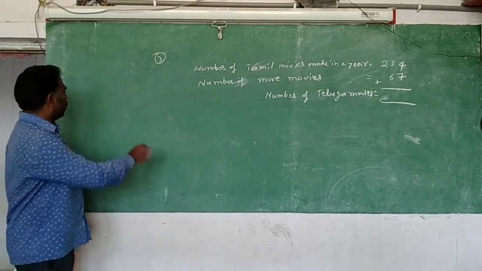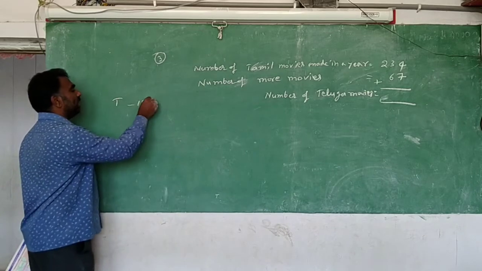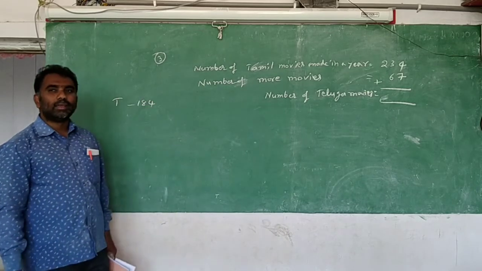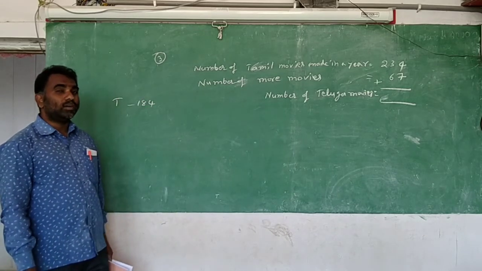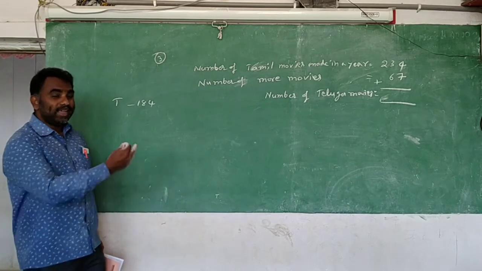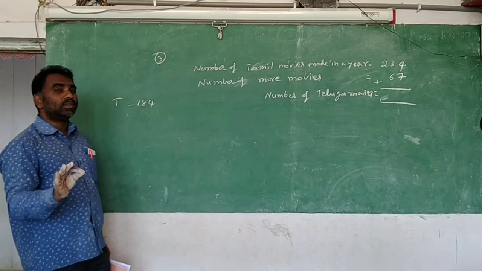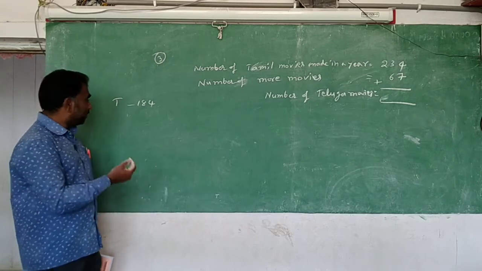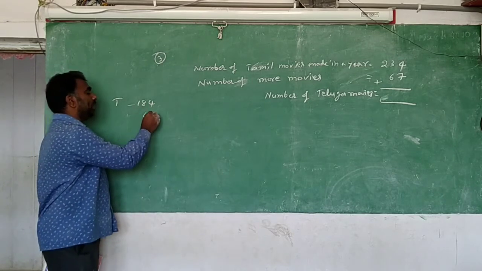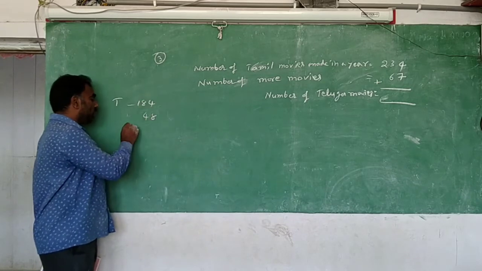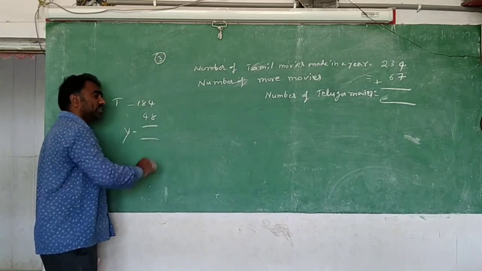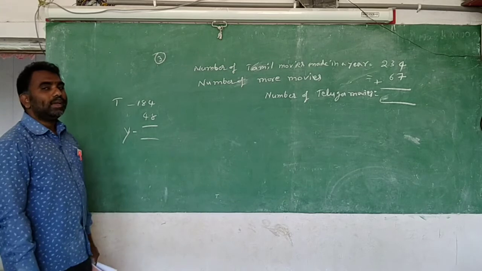Tendulkar scored 184 runs. Yuvraj Singh scored 48 less than him. His score is not 48. 48 less than him. Now Yuvraj Singh made how many runs? He is asking you.